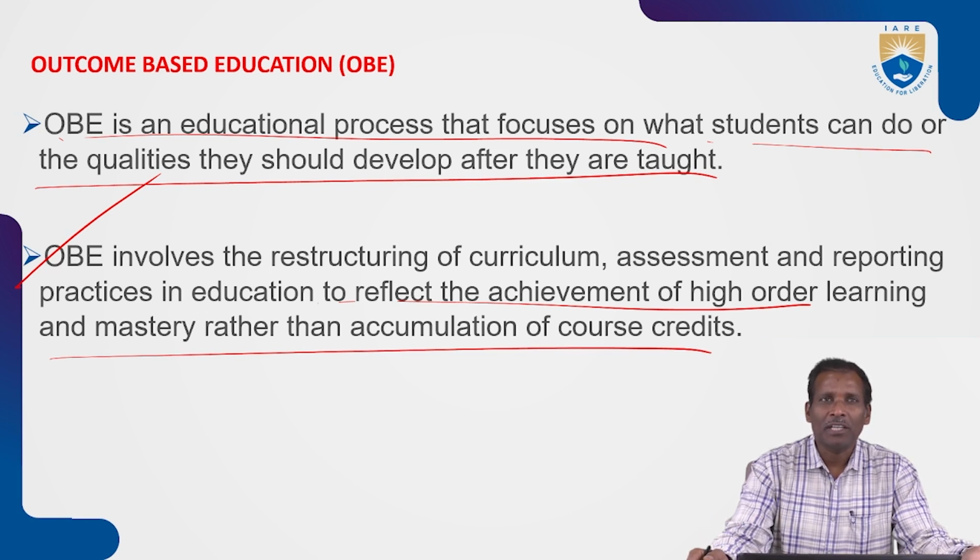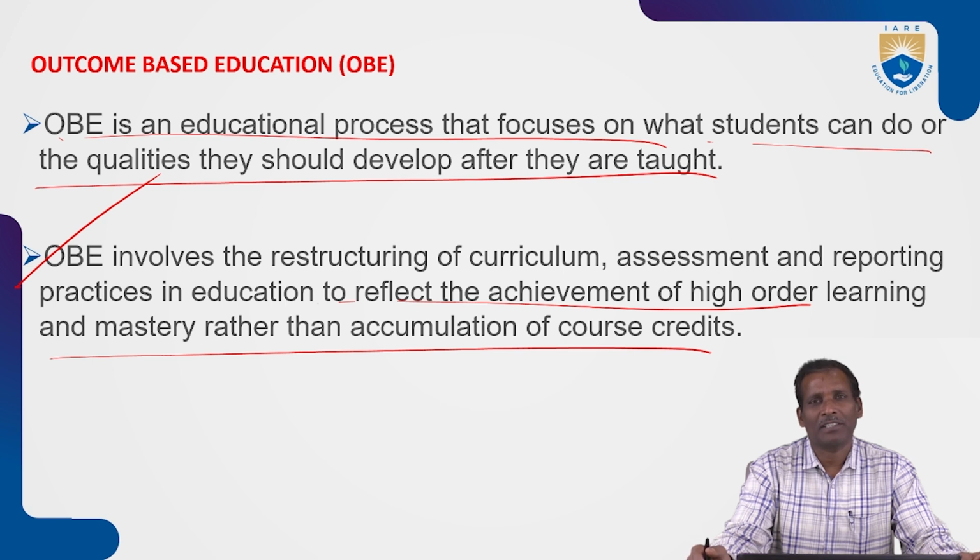You can accumulate the course credits after completion of your BTech degree, but that is not important. What is important is how much you achieved. What is your achievement of high order learning? You should master it in our field. That's why it involves the restructuring of curriculum based on your outcomes and your feedback.